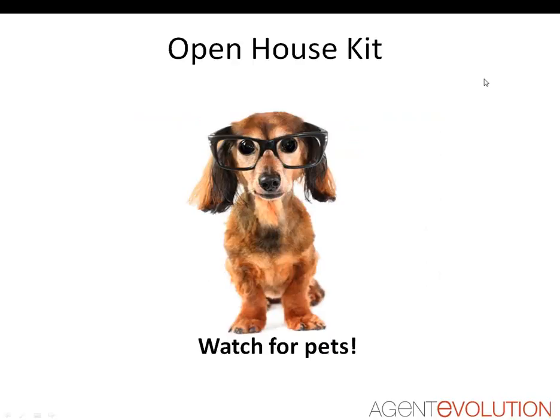An open house kit can also really wow your client. And this, of course, can include things like signs for the pets, watching out for the pets, or removing shoes, the little booties to keep the carpet clean. But it can also include some really fun items, like trading cards. You might have little cards made up to give the home stats, a little home picture, or perhaps a property profile or listing flyers.